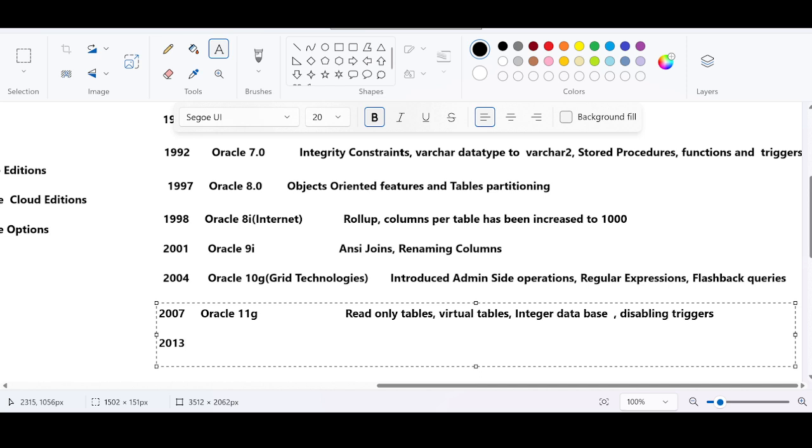Something new happened here: Oracle 12c. The c stands for cloud technology. You can do things like truncating a table and cascading, and also create multiple indexes.